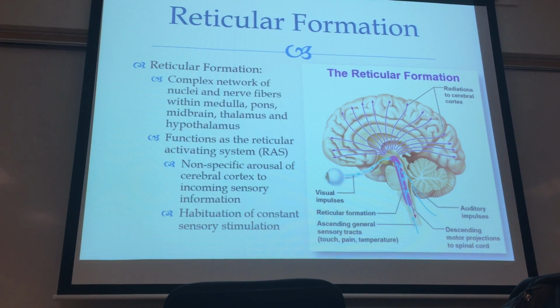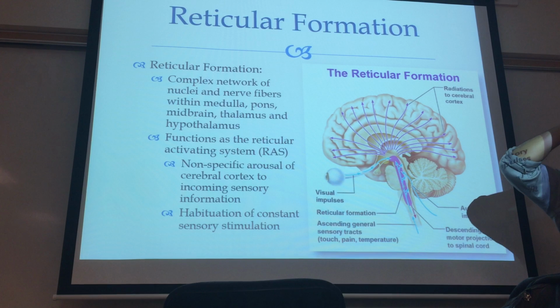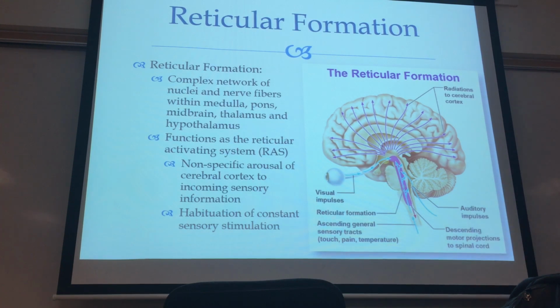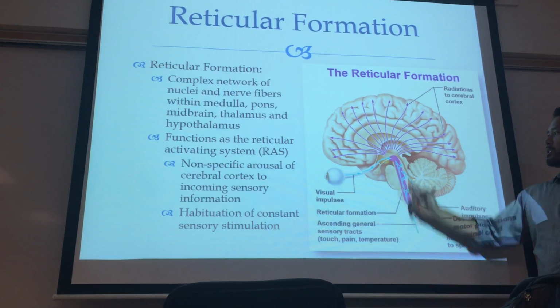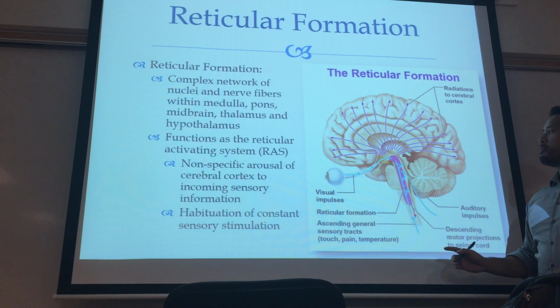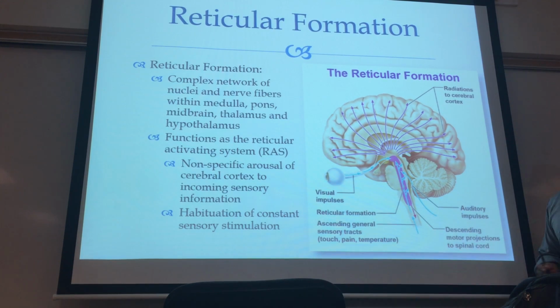What's also interesting is, how many people here drink coffee? Okay. You guys know about the caffeine now? No? Okay. Well, let me tell you about what happens with the sensory information that comes in. Sensory information that comes in typically involves adenosine as a neurotransmitter.